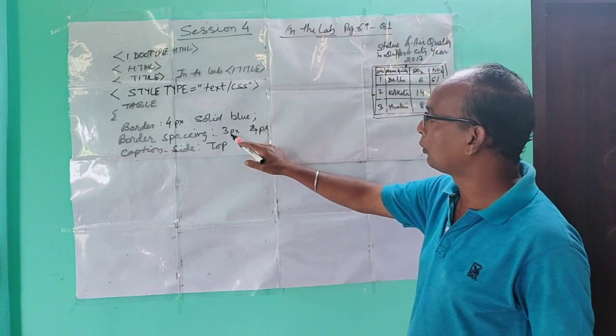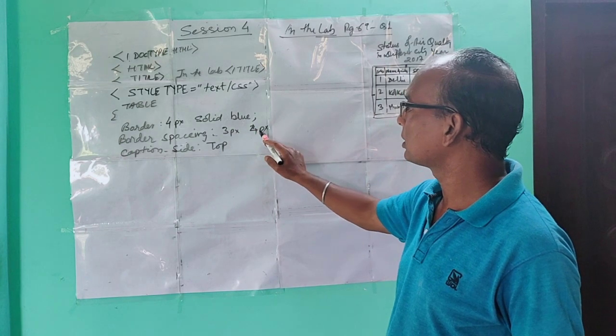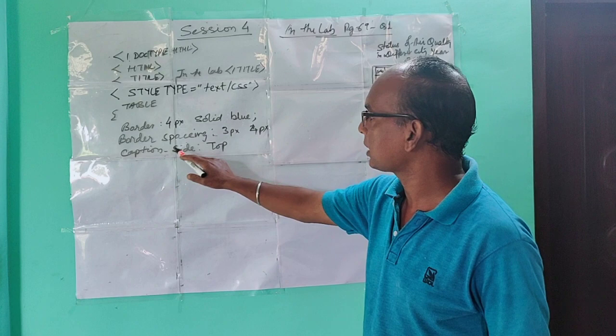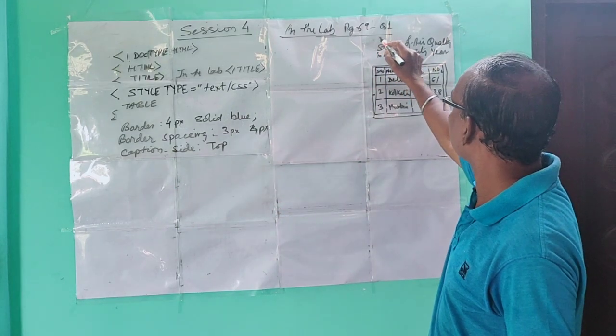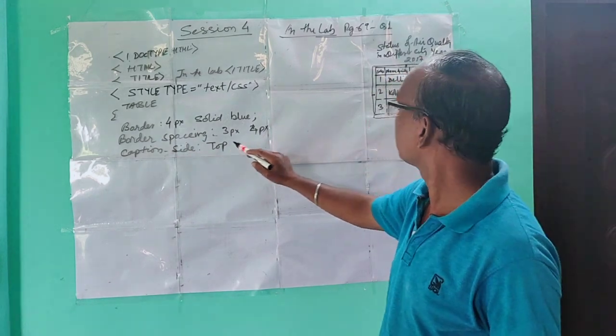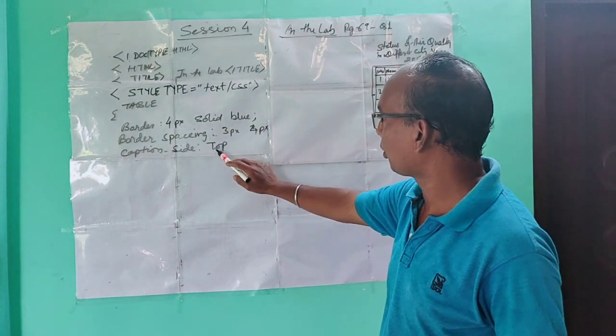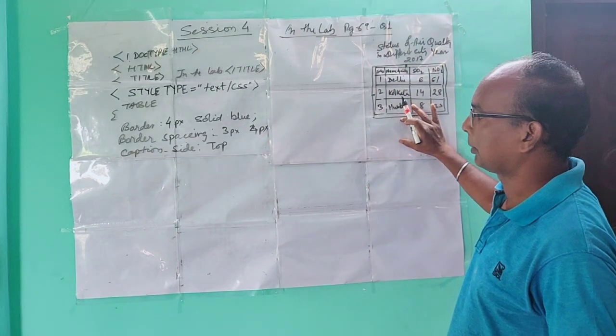If you insert two values at the same time, the first value is horizontal, the other one is vertical. Caption side is top. Here the heading of the table is given at the top, so I am using caption side top. If you use bottom, then this part will appear at the bottom of the table. Okay.